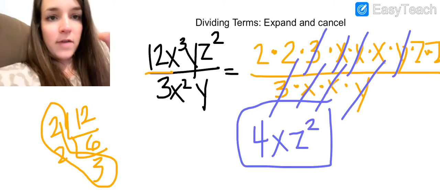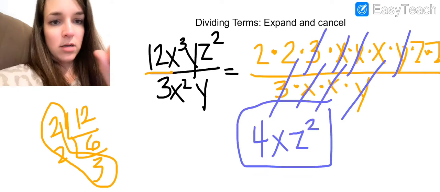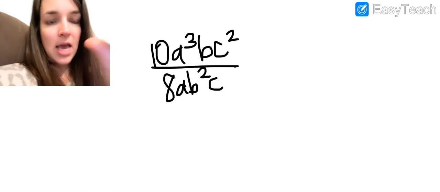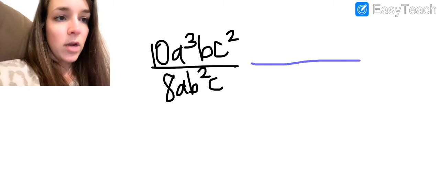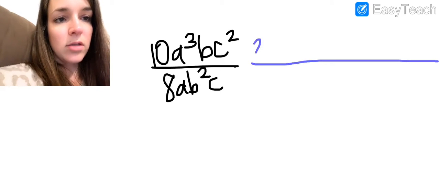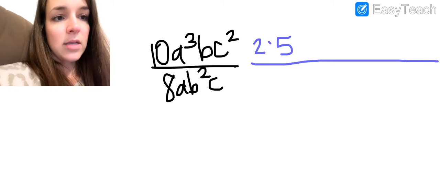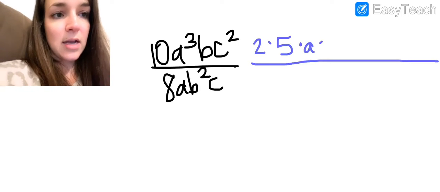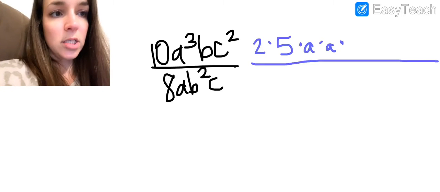Okay, so let's try one more. Yes, here we go. Same process. We are going to break it down. 10 can break down into 2 and 5 times a to the third. So remember, that means a times a times a.